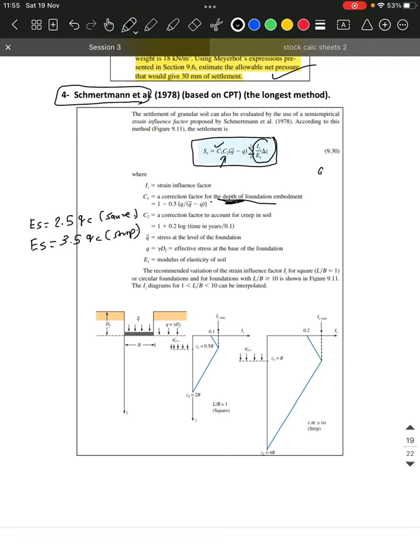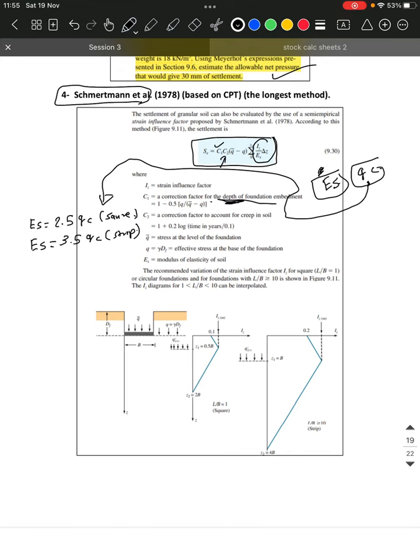Sometimes you're given Es diagrams, and sometimes you're given qc diagrams, and we have to know the difference. When you have a qc diagram, you have to apply these formulas, because at the end of the day you need an Es diagram.